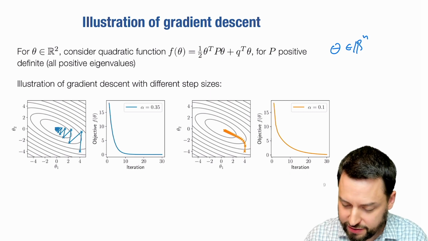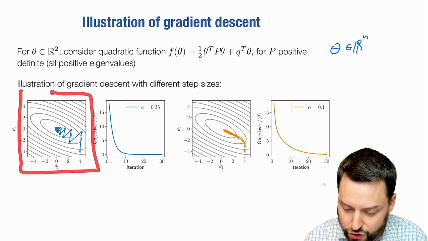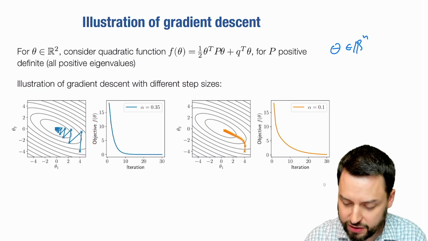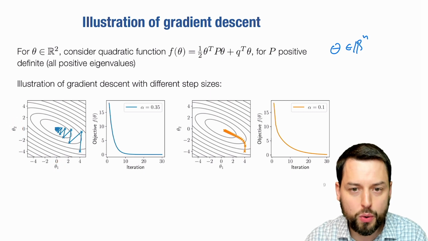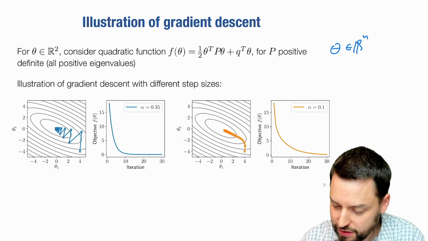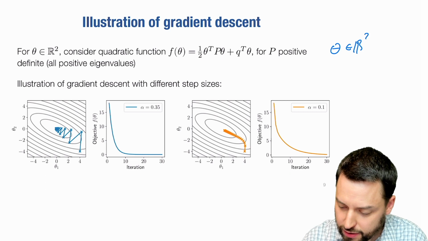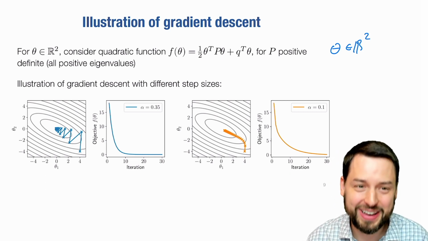In these plots, I'm going to show the evolution of theta, so the axes of this plot are theta 1 and theta 2. In other words, I'm showing the actual parameters. Sorry, I should say that this is really in R2, or n equals 2.